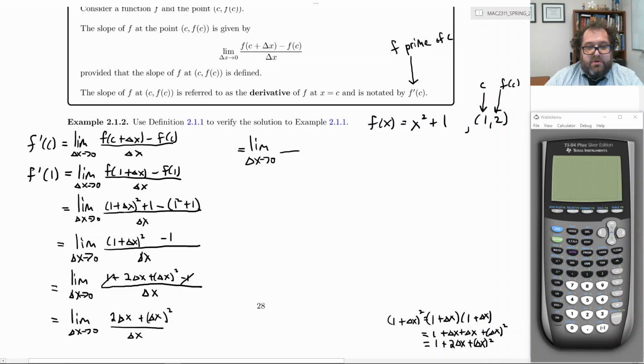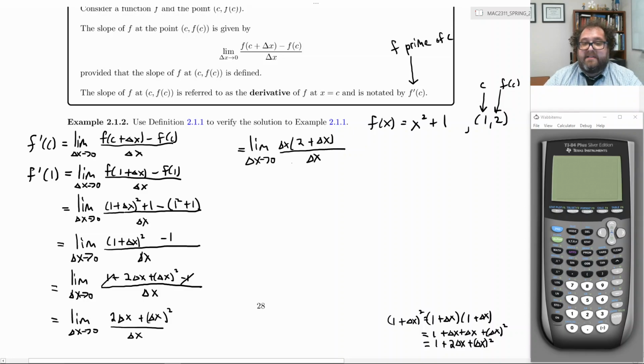Now, don't just start crossing out delta x's. A lot of folks get happy to say, let's just cancel all these things out. You might get in trouble doing that. Let's factor the numerator. Notice that both terms in the numerator have a delta x. So let's factor out a delta x. If we factor it out, that leaves us with 2 plus delta x in parentheses.